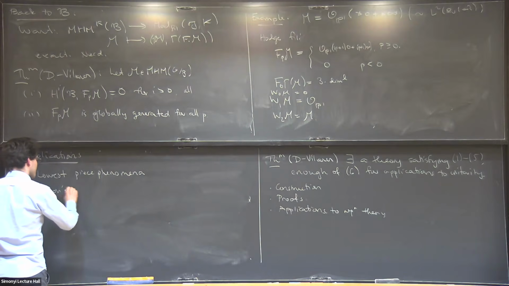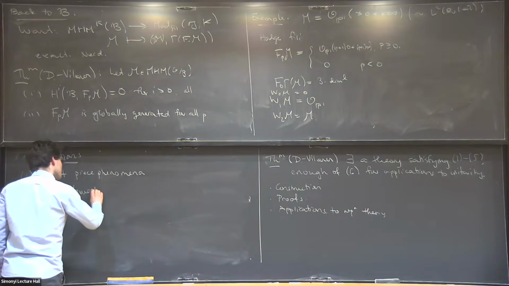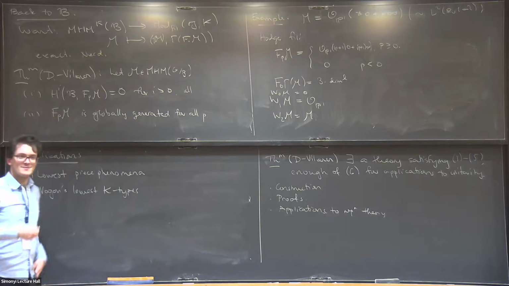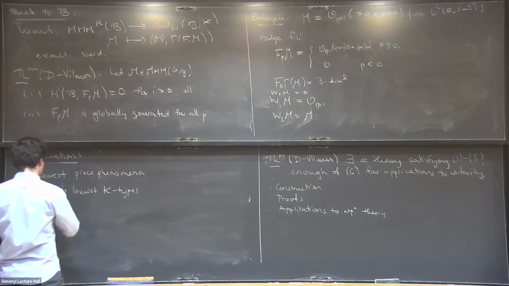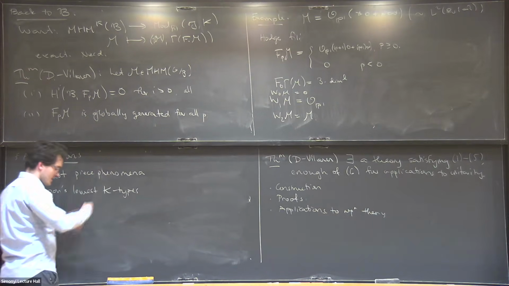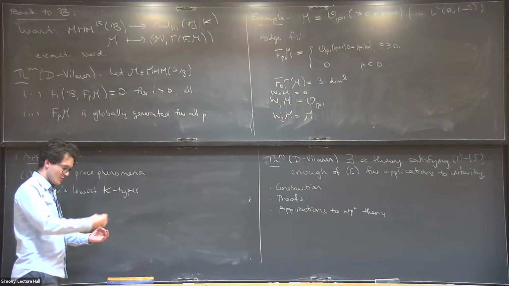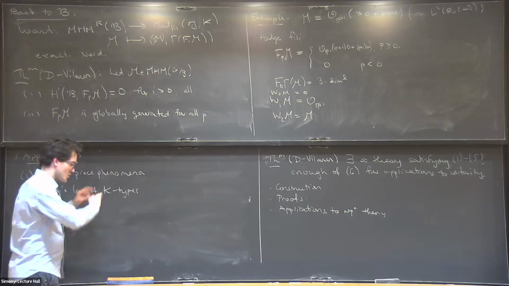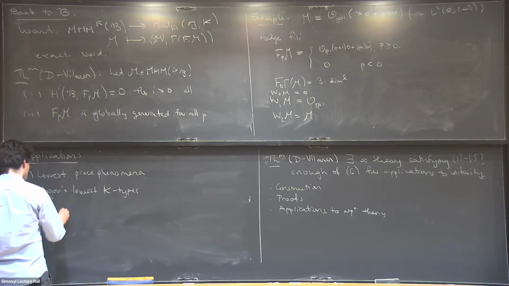This is Vogan's theory of lowest K types. This maybe partly answers the questions about the size of K types versus the size of the Hodge filtration. Vogan has this theory: if I take a representation, you can look at its restriction to K and find a smallest piece in some sense.